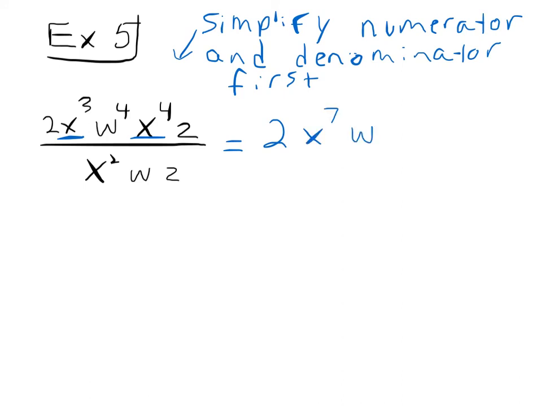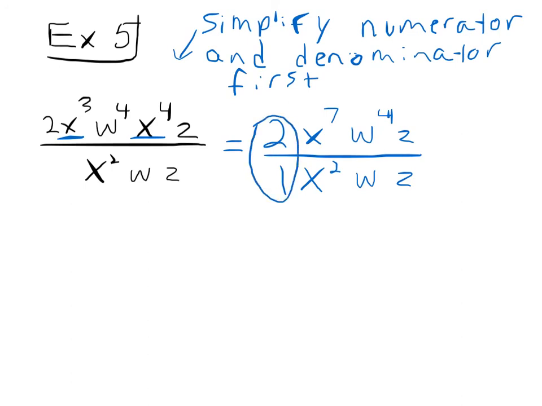Then you have w to the 4th power, and then you have z, and that's all over, I can't simplify this denominator at all, so that's all over x, w, z. Now, what's the hidden coefficient in the denominator? Well, there's not one there, so I know it's just a 1. So when you simplify the coefficients, 2 over 1 just stays 2.